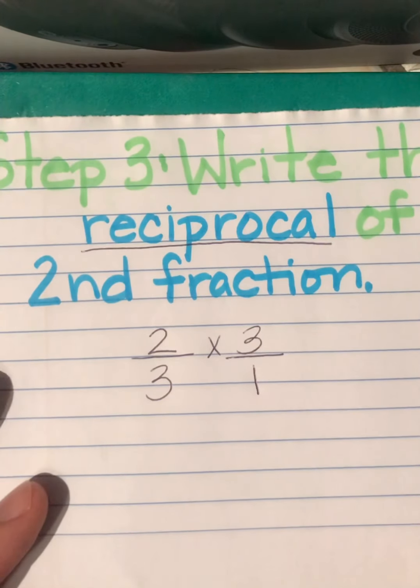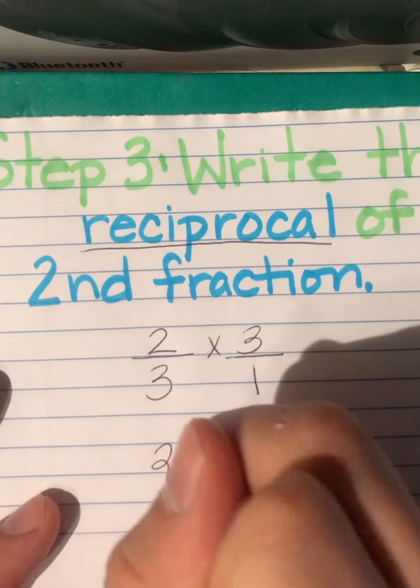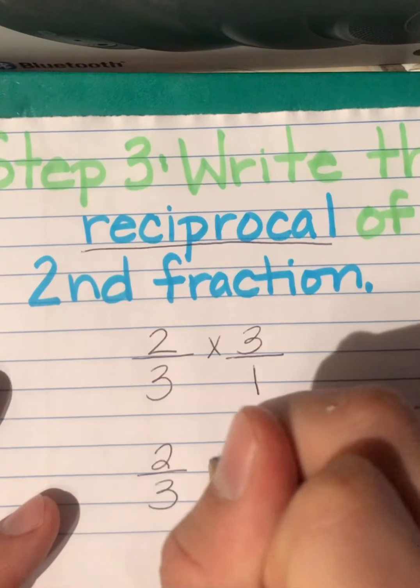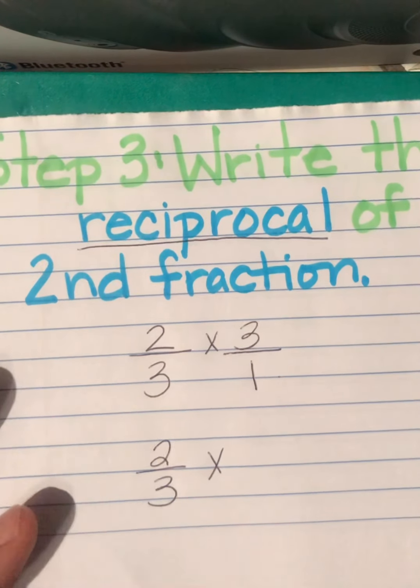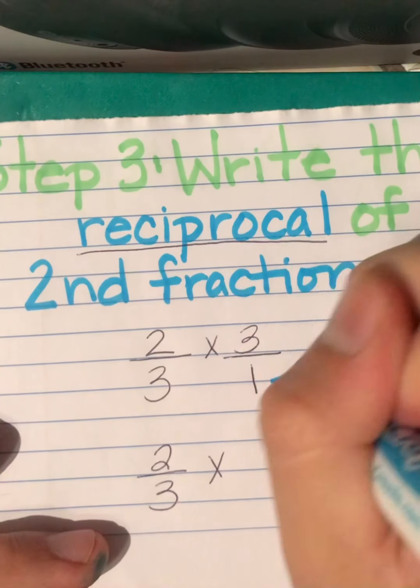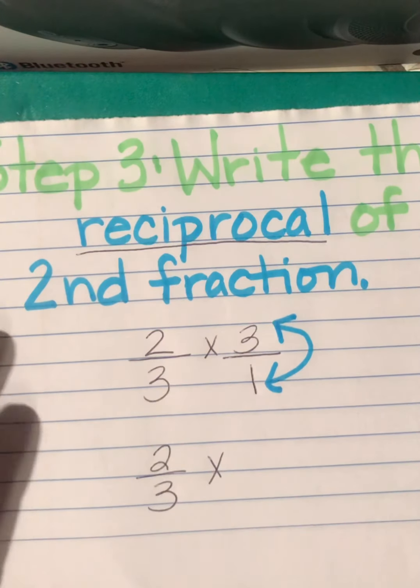So what does that mean? That means I have to flip the denominator and the numerator. That's what a reciprocal is. So step 3 is to write the reciprocal of the second fraction.